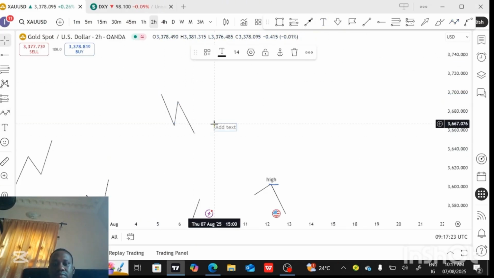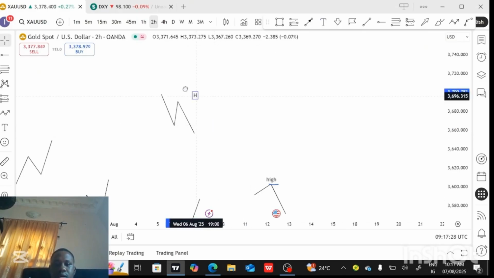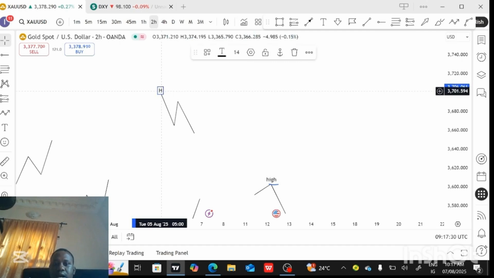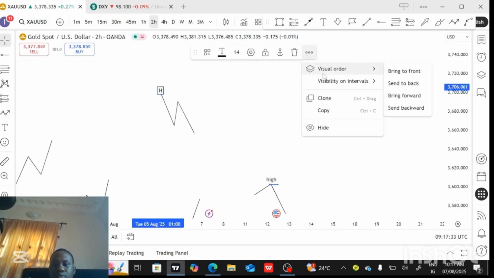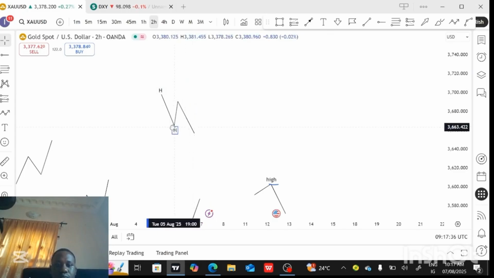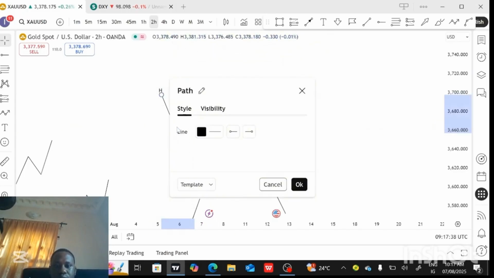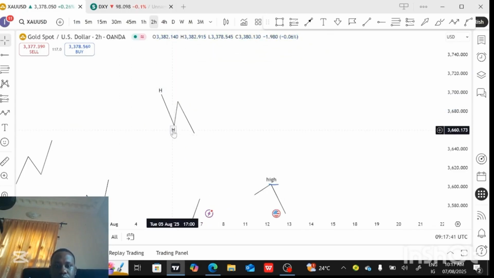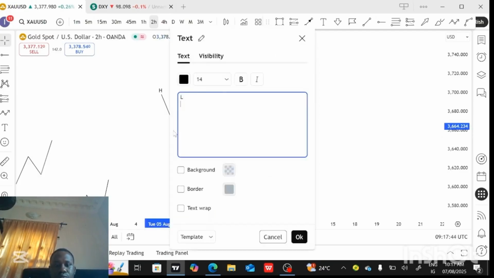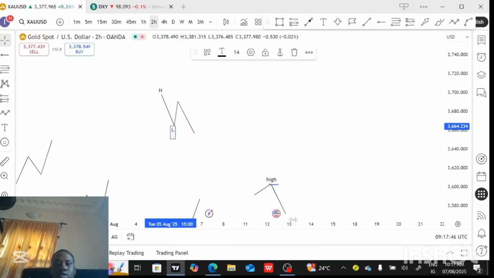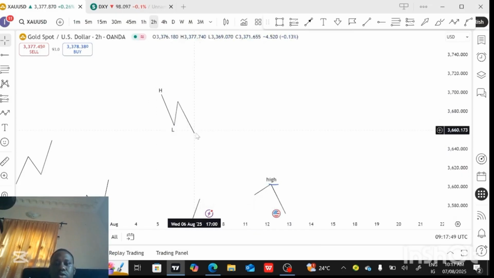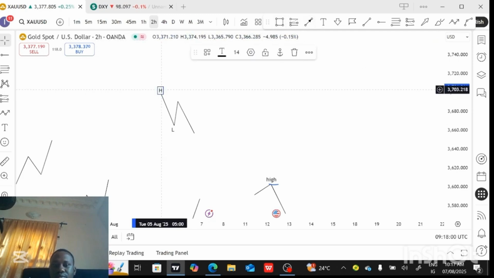Let me just take note of this, and let me just use H. Identify that this is our high and this is our low. Now, because price wants to make a new high, but this new high here is lower than this, we call it a lower high.